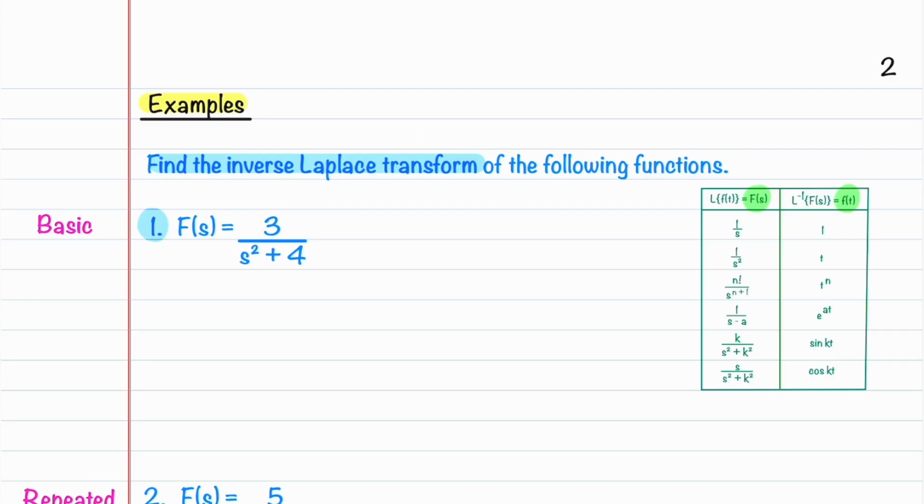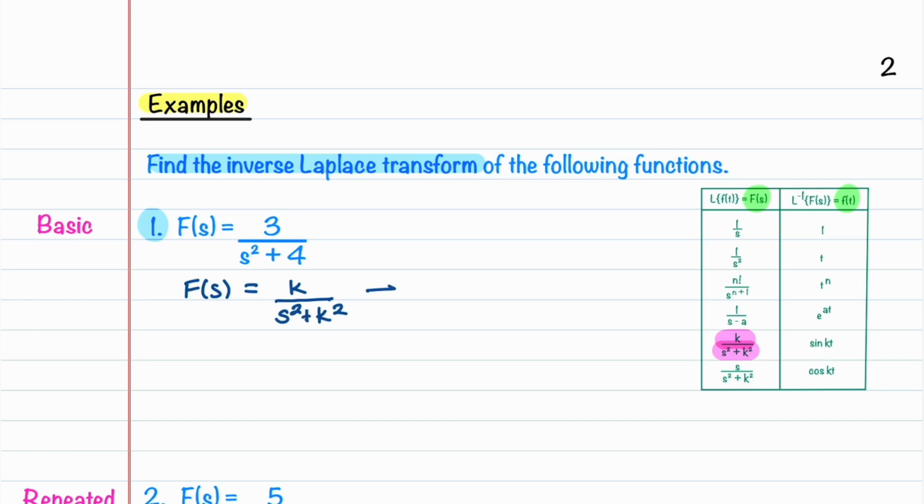The first thing that we want to do is ask ourselves, which entry in the table does this look like? This entry looks like k divided by s squared plus k squared. Let's write that down. Capital F of s is equal to k all divided by s squared plus k squared.